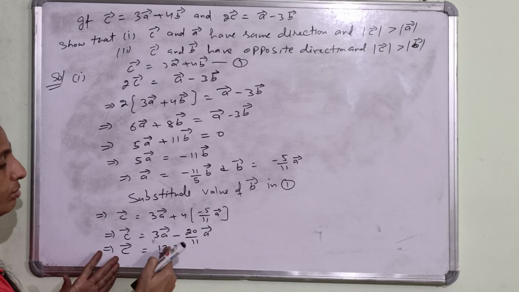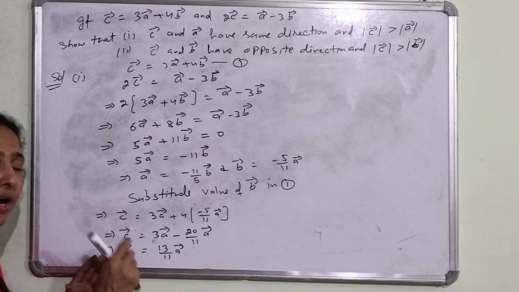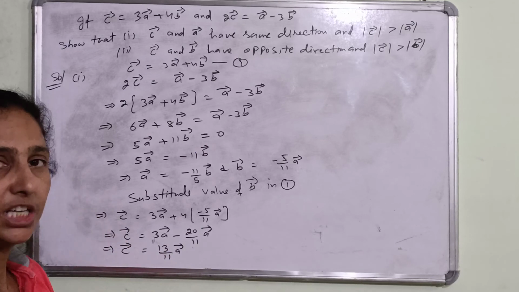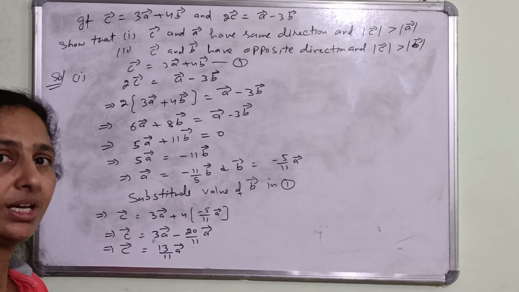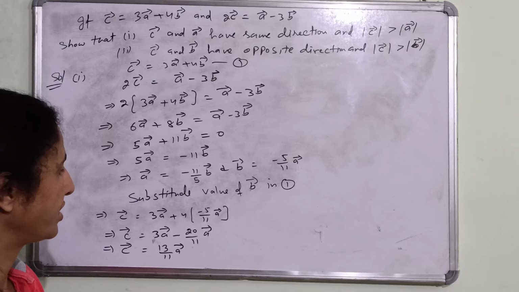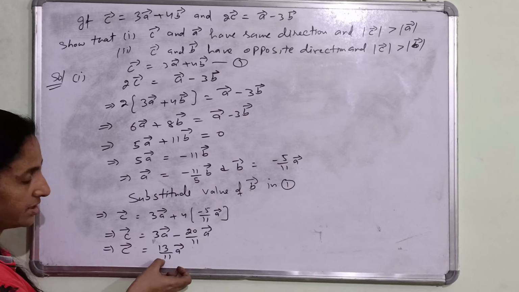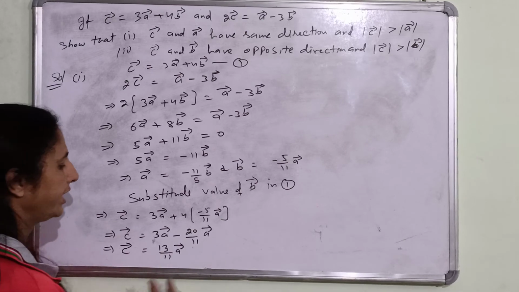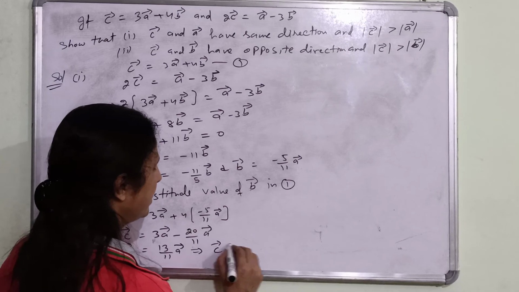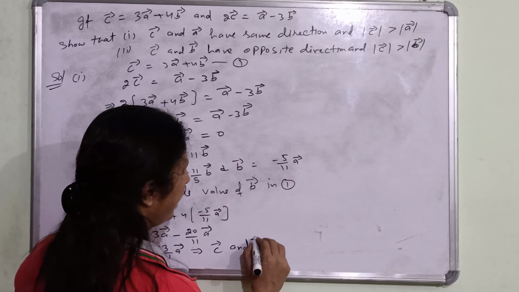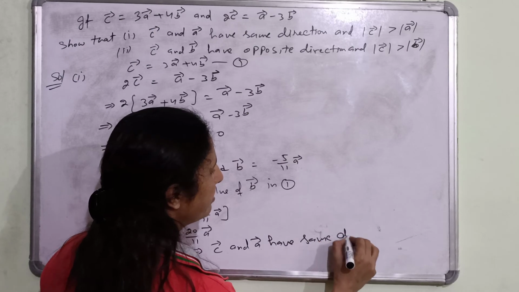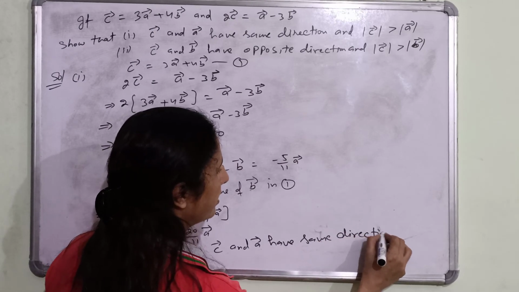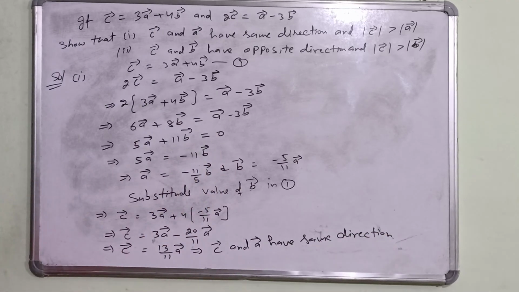Vector C is equal to 13 over 11 times a, because it is a scalar. I told you whenever we multiply any vector with a scalar, those would be parallel, and the direction depends upon the sign, because this is positive. So it means C and A have the same direction, because of the same sign, right?